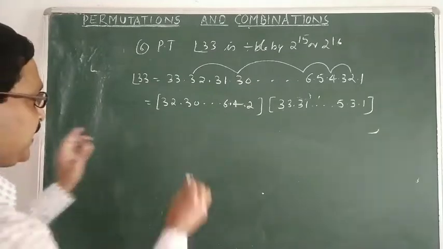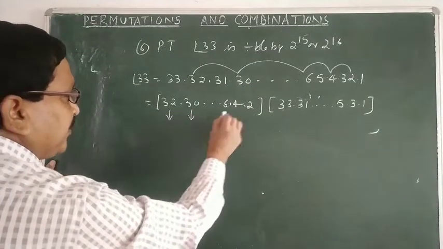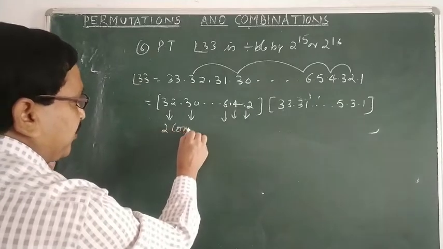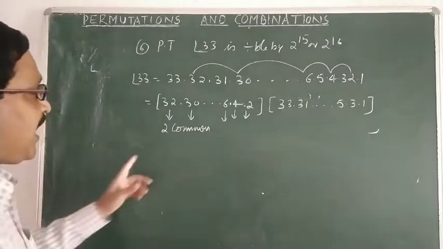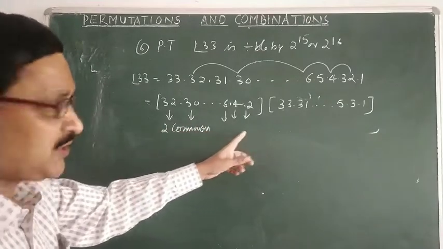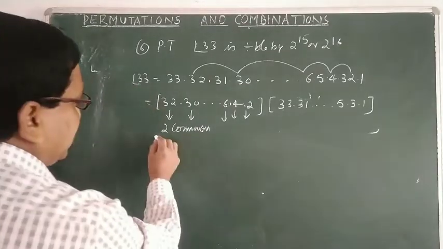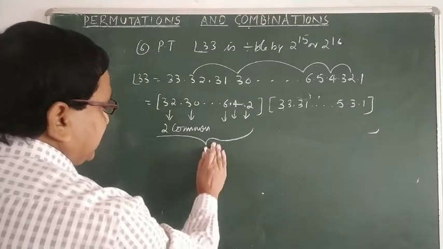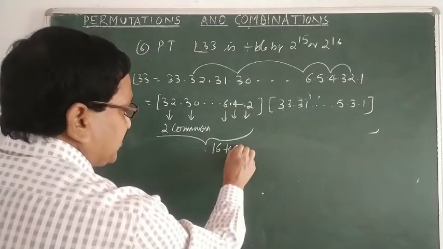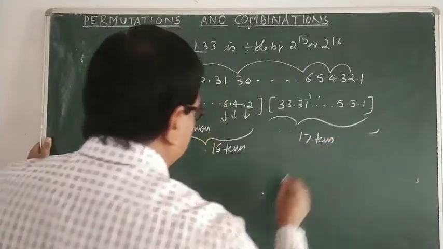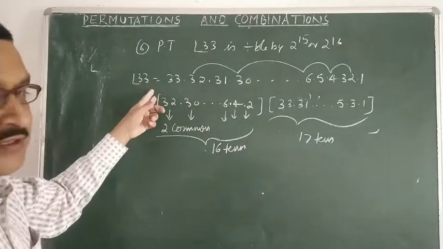Now taking 2 common from everywhere, see how many times 2 can be taken common. 16 times. There are 33 terms in total. In this there are 16 terms, and in this 17 terms. So when 16 and 17 are added, we get 33.